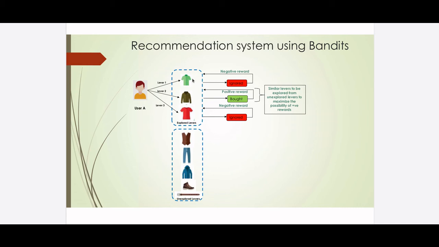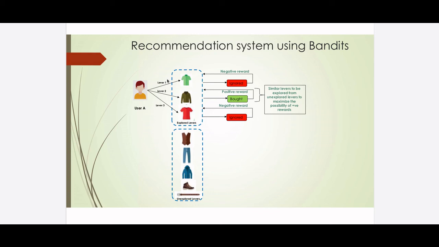The objective of your recommender system is to understand what kind of products best appeal to the user, or for a specific user which lever or which type of product to recommend, so that there is a higher chance of the user buying it.